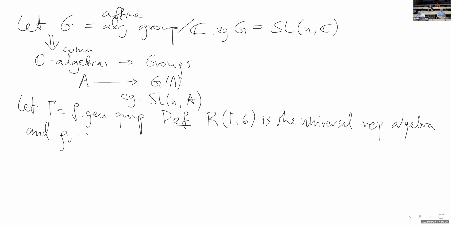In fact, it's a representation scheme parameterizing representations. There is a universal representation algebra, although I'm trying to use simpler words.